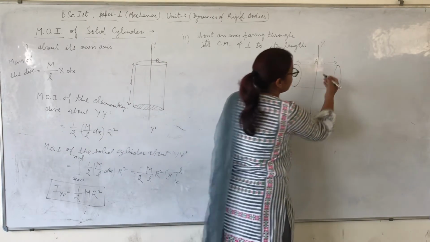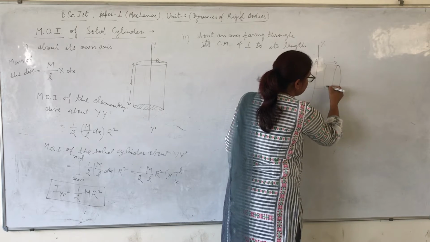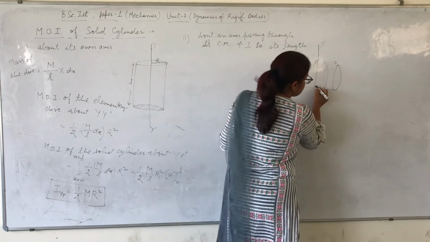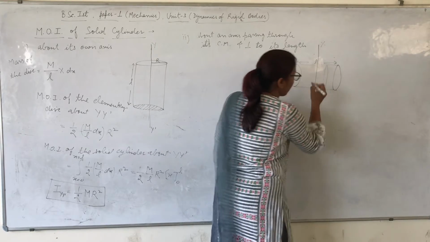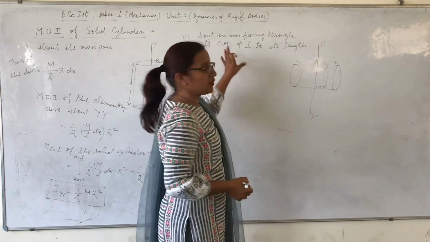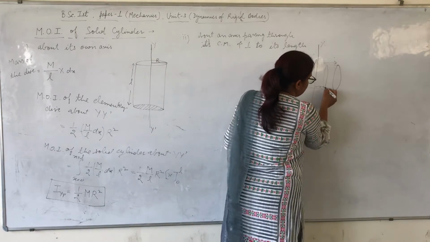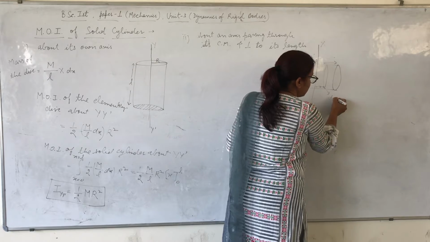We are considering one such circular disc at a distance x from the axis about which we want to calculate the moment of inertia, and of thickness dx.